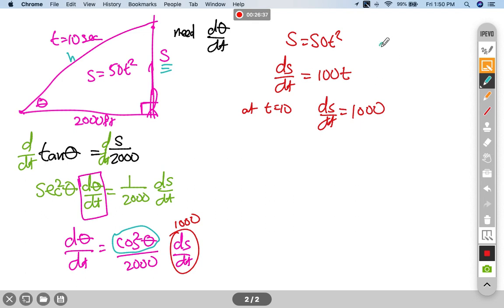I know at t equals 10, s equals 50 times 10 squared, so s equals 5,000. So at that point, I'm going to say h squared is 2,000 squared plus 5,000 squared.